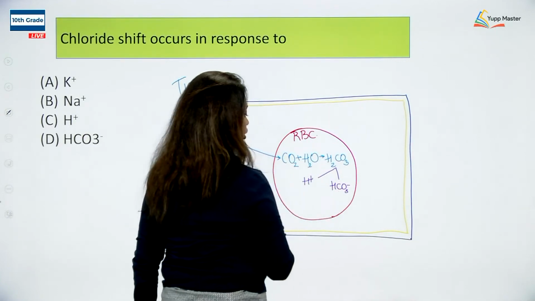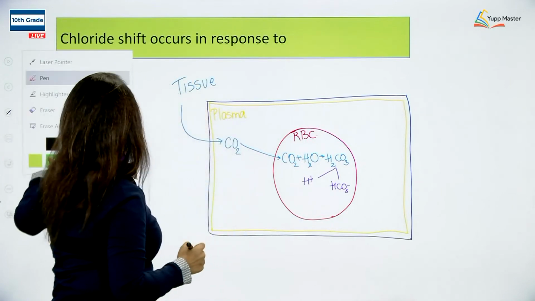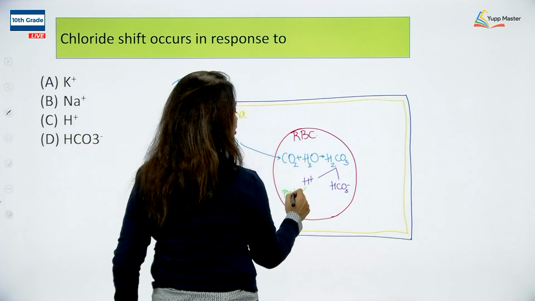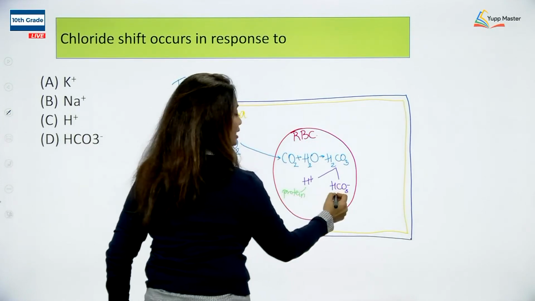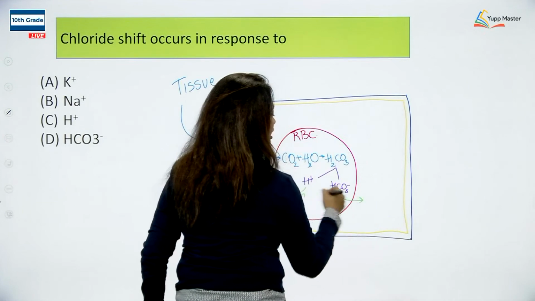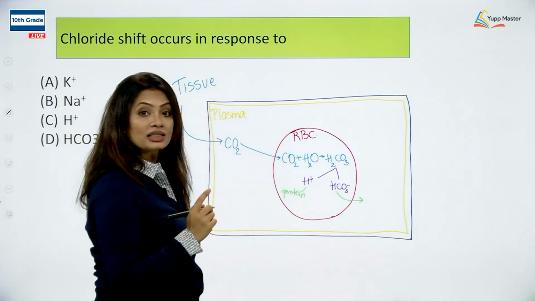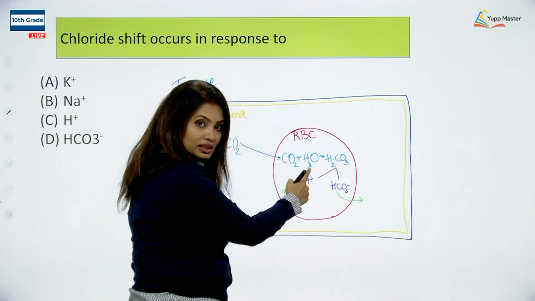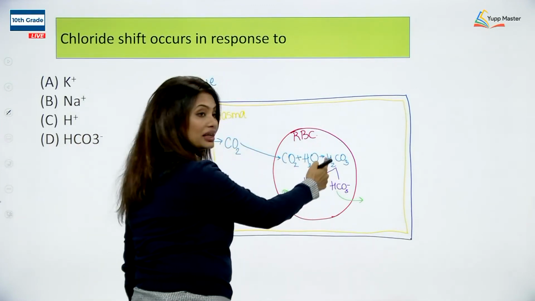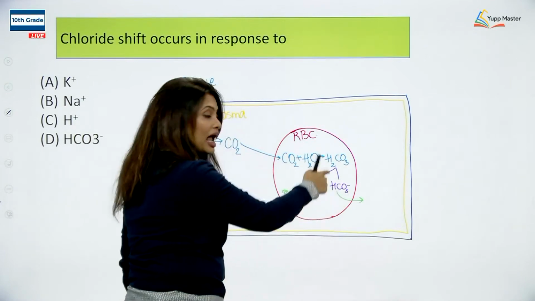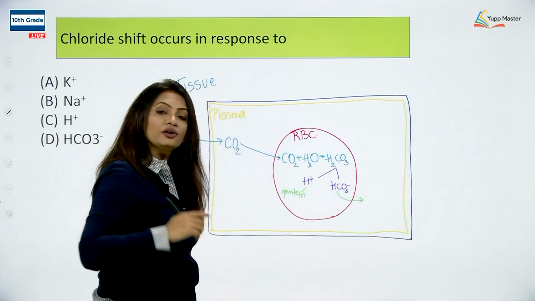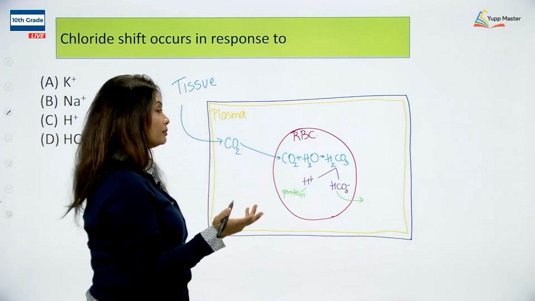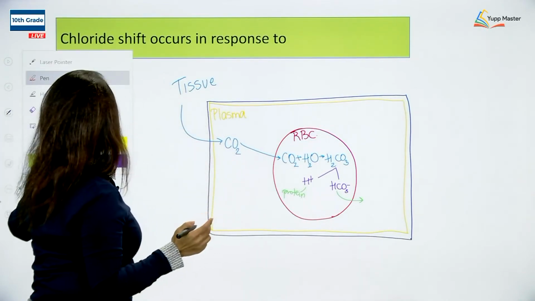Alright. Now what happens to this? Well, the H plus ion is going to be taken up by protein. Which protein over here? Hemoglobin. HCO3 minus is going to come out and enter back into the plasma. So now the carbon dioxide which entered into the RBC is just in the form of bicarbonate, coming out of that RBC and entering back into the plasma. Now when it enters back into the plasma, what is present in the plasma from the starting?